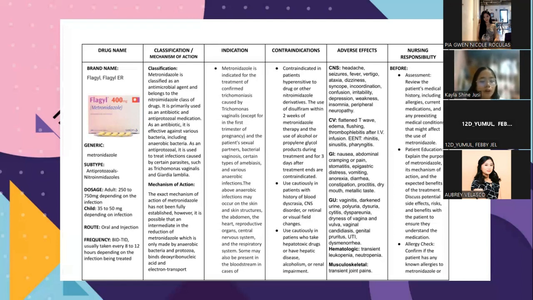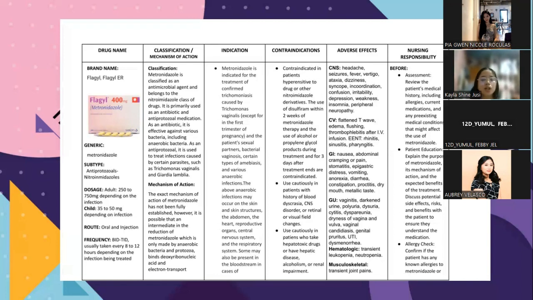Peripheral neuropathy, or nerve damage in the extremities, has been reported. These central nervous system side effects are generally rare but occur especially at higher doses or with prolonged use. Next is the cardiovascular system.